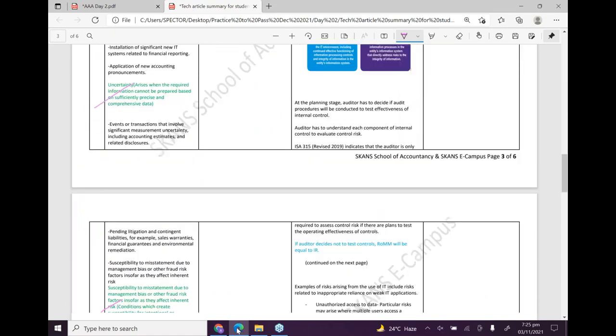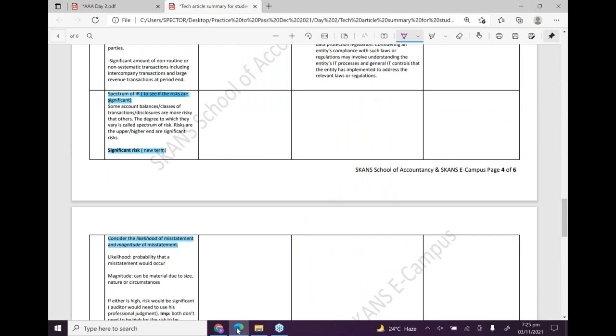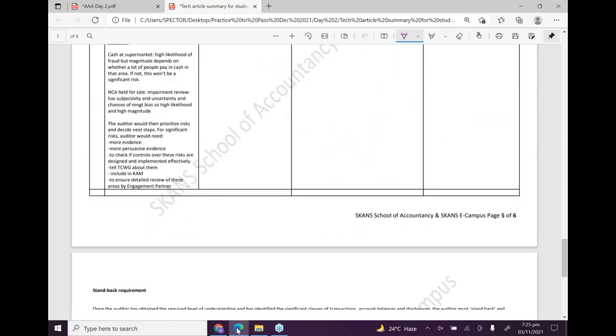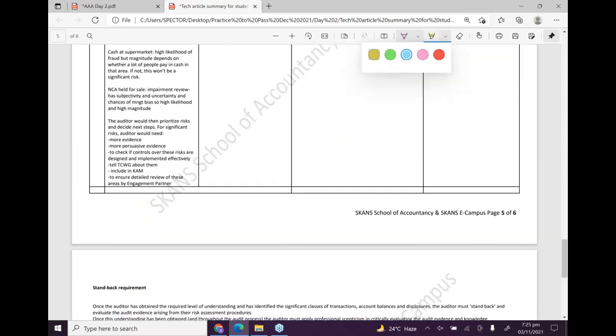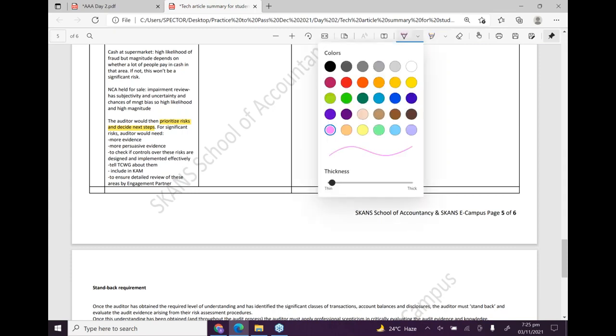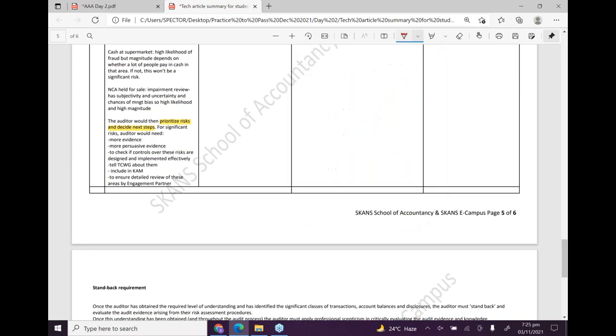Based on all of this analysis, the last thing you have to do is, I'm going to highlight this, prioritize risks and decide next steps. So for risk where the likelihood and magnitude both are high, this is top priority. In terms of next steps, I will need more evidence.